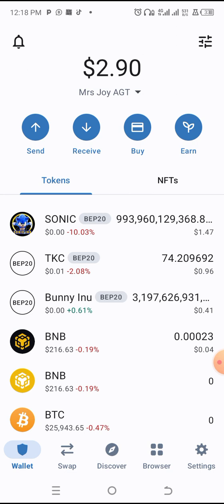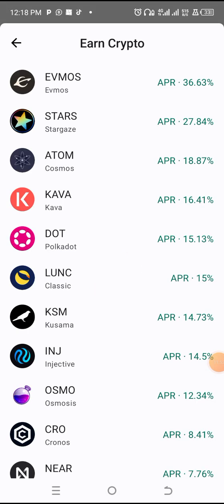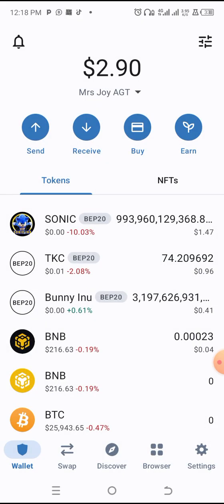Like I said, if you're outside Nigeria and your cards are working properly, you can also buy. And we also have this one here. To be sincere with you, I haven't really gone through this. Maybe one of these days I'll take my time, but I don't think there's much there.